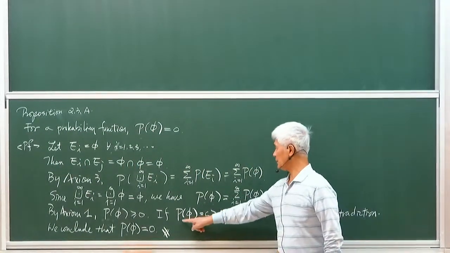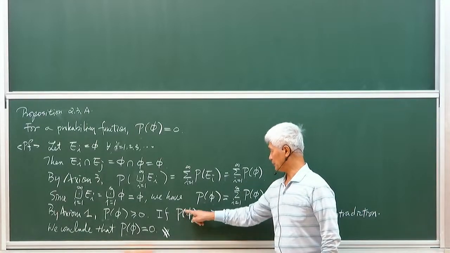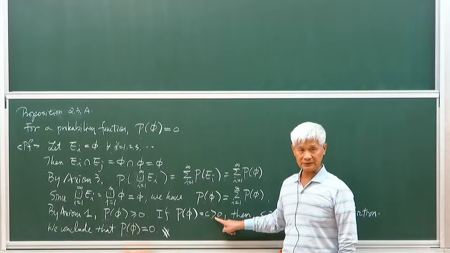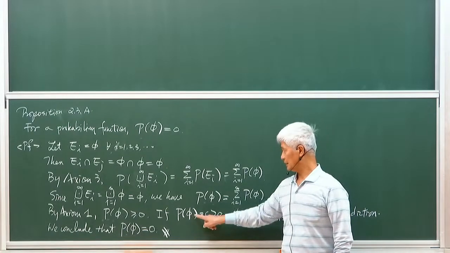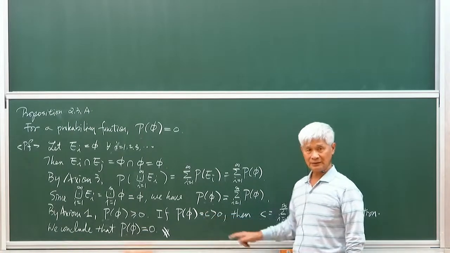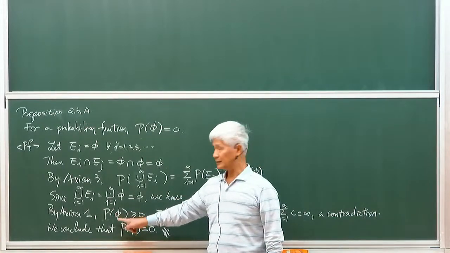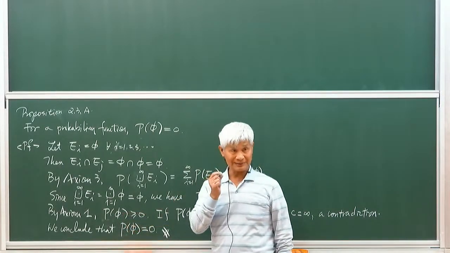Suppose that P of the empty set is a number greater than 0, say C. Because there are only two possibilities: either it equals 0 or it is positive.